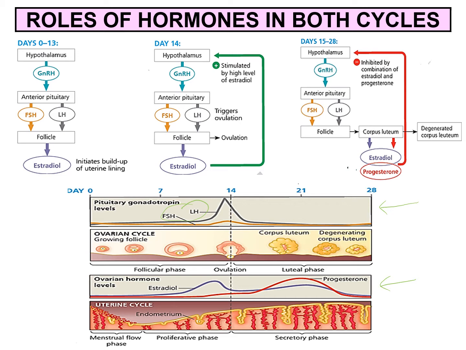This is because FSH and LH are secreted by a different organ than estrogen and progesterone. FSH and LH are released by the anterior pituitary, while estrogen and progesterone, estradiol being another name for estrogen, are released by a structure in the ovary.